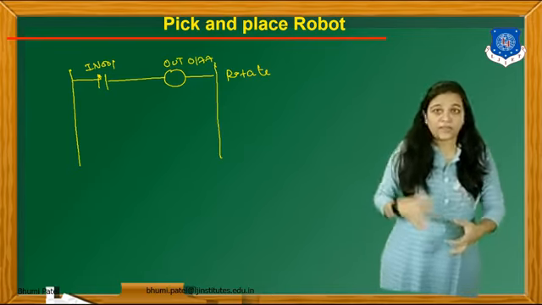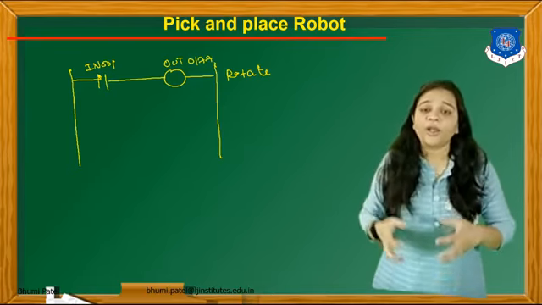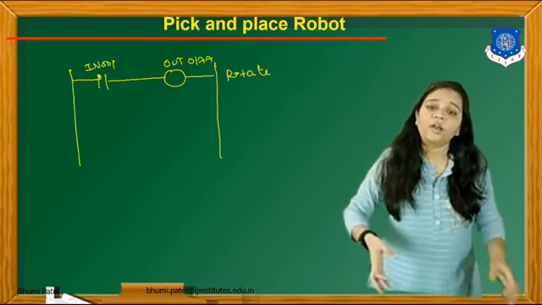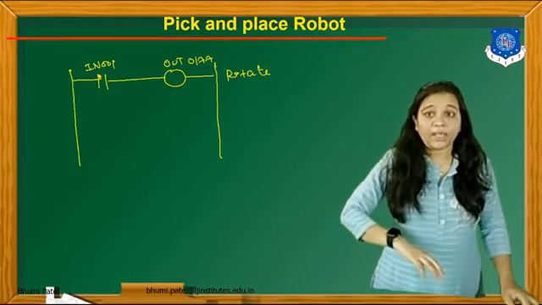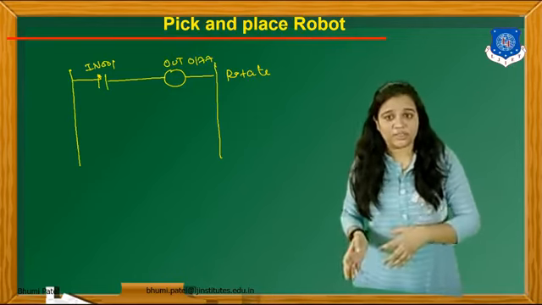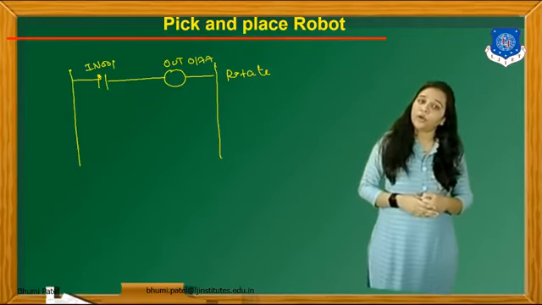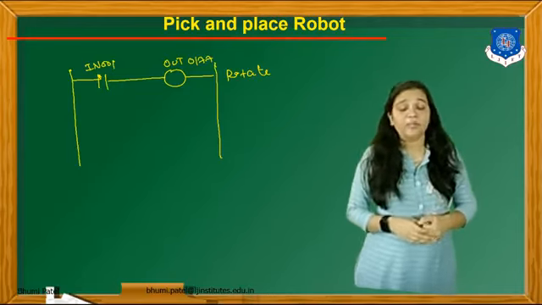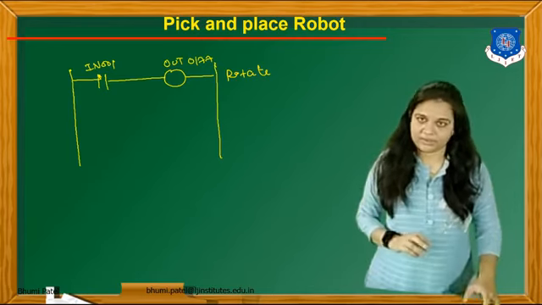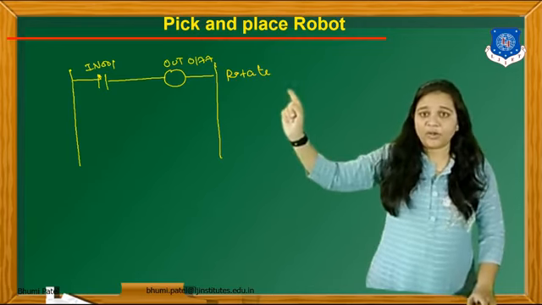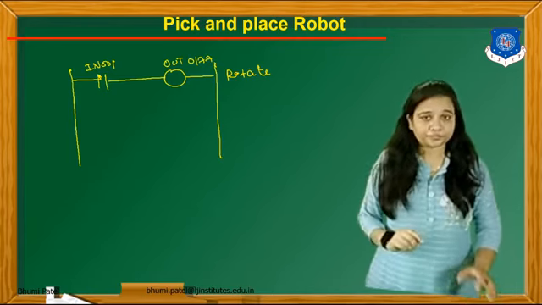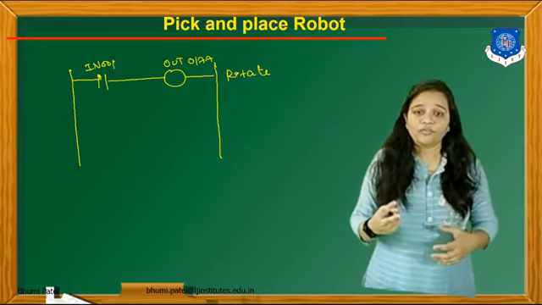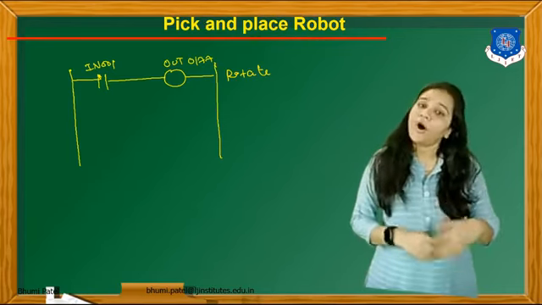If the input is on, my robot hand will rotate right, and if the input is a normally closed contact, at that time it will rotate to the left position. So in the same rung, the robot operates two functions, rotate left or rotate right.